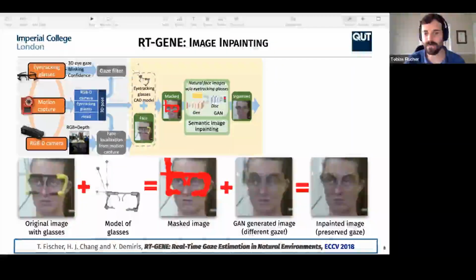We only in-paint the red area. So we preserve the gaze and in-paint only the area of the glasses. And then that gives you a realistically looking image of the subject without those glasses being worn. If you look carefully, you will see that there are some artifacts. However, we've noticed that at inference time, it doesn't really cause any issues.